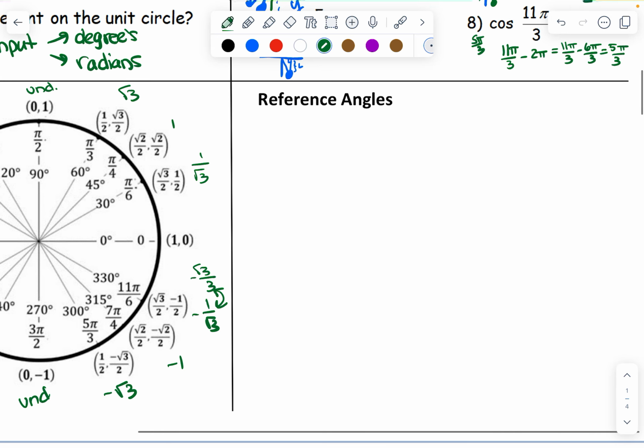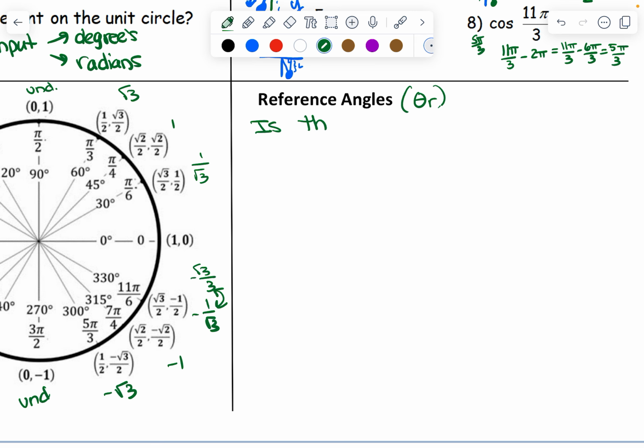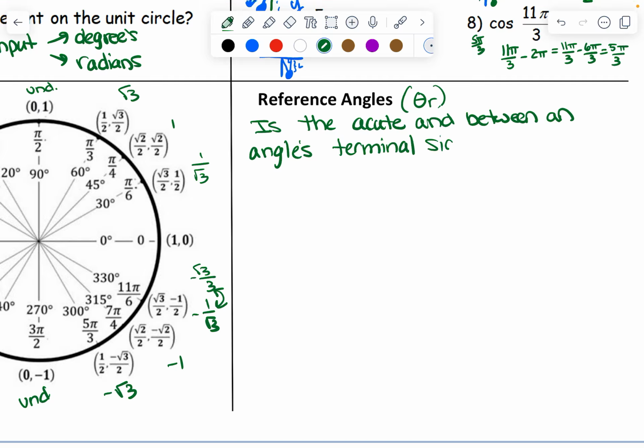All right, the last part on this page is reference angles. This is kind of brief, but we're going to represent a reference angle as theta sub r. So what is a reference angle? A reference angle is the acute angle between an angle's terminal side and the x-axis.